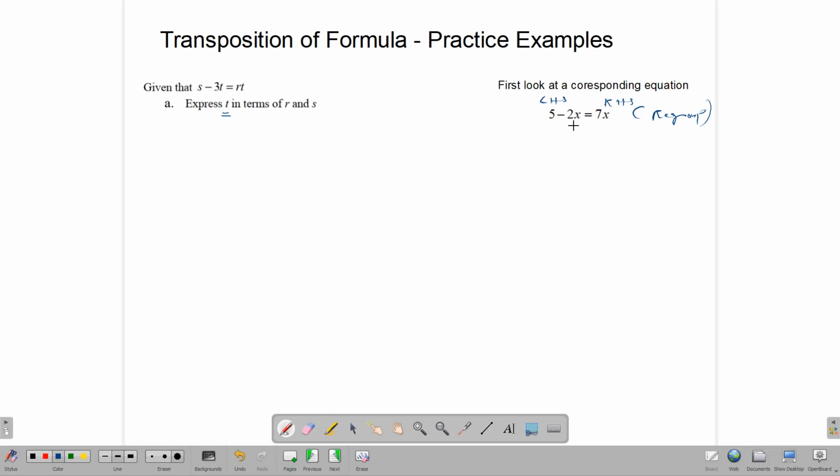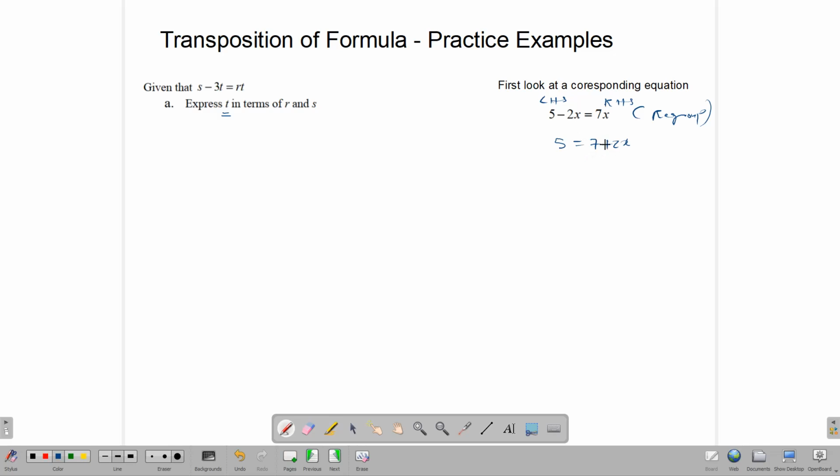In this question, we're going to regroup the x's on the right-hand side. Since this 2x here is being subtracted from this side, we're going to add a 2x to both sides. Adding the 2x to both sides gives us 5 is equal to 7x plus 2x. Here, the minus 2x and the plus 2x would give you 0, so I won't bother to write it.